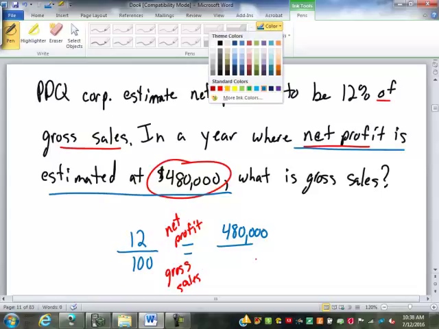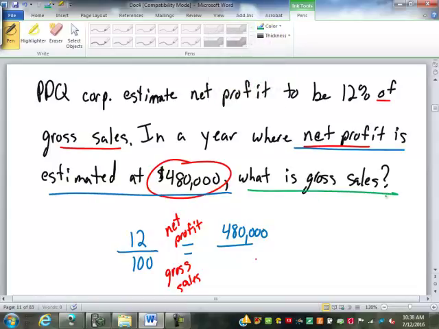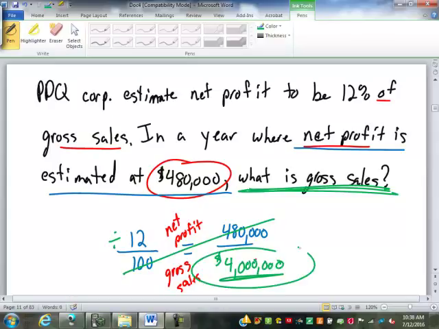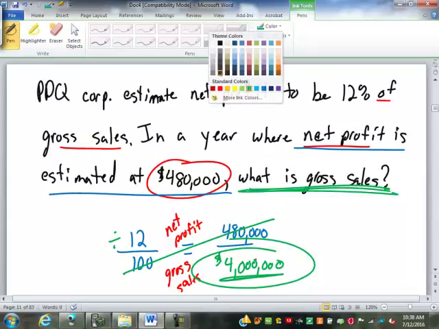So now to find our gross sales, because that's what we're looking for. We cross multiply: 100 times 480,000 divided by 12 is 4 million. Gross sales were $4 million.